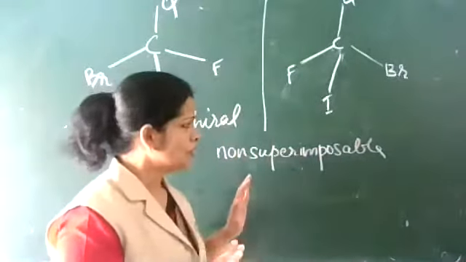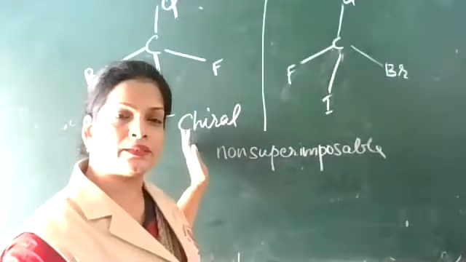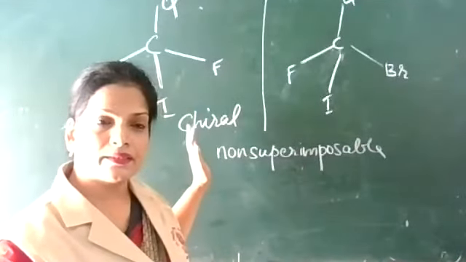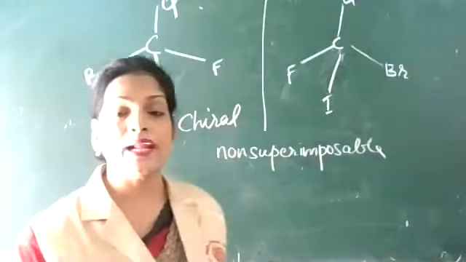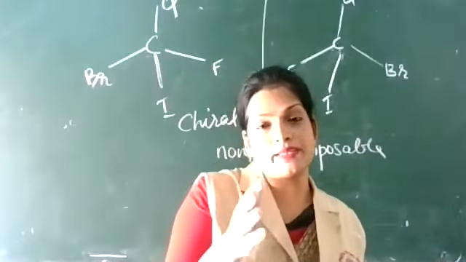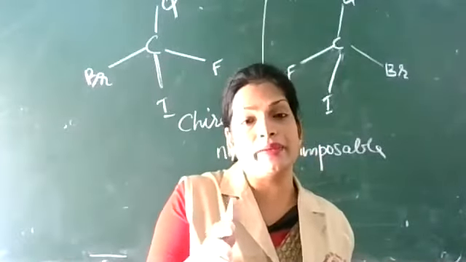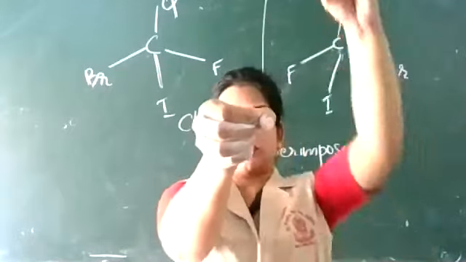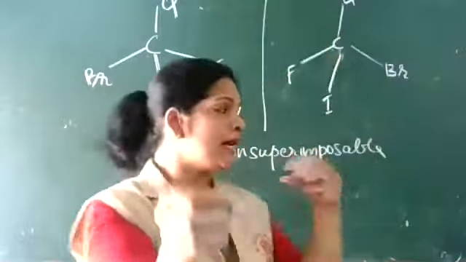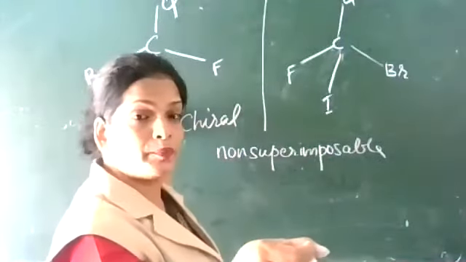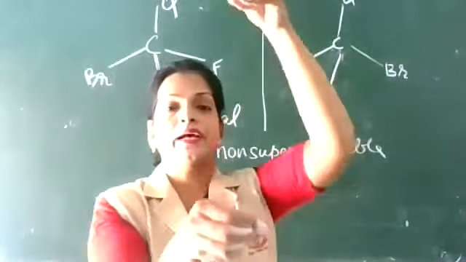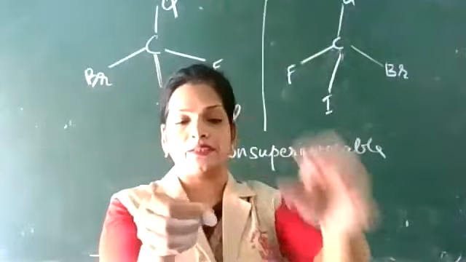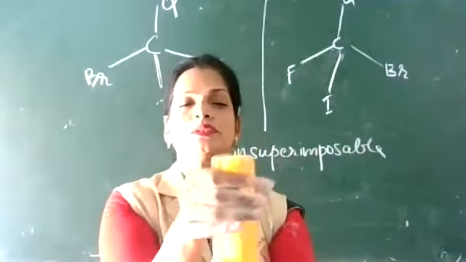When such a compound is kept in a polarimeter, that instrument is called a polarimeter. You take the test tube with this liquid compound and put it inside the polarimeter.